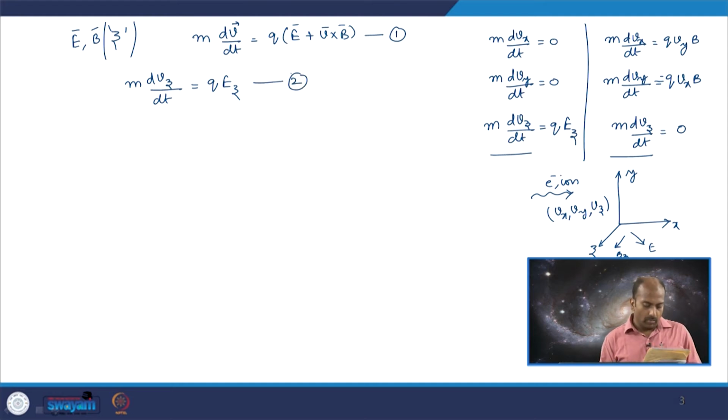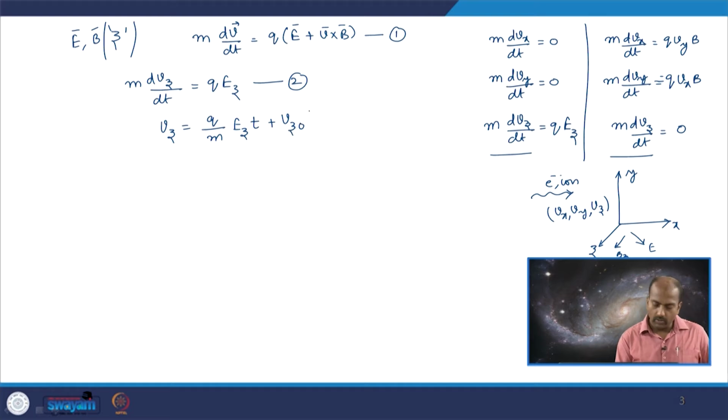This is only the z component. So, what does it suggest? It suggests that acceleration is constant with respect to time. So, we can simply integrate this equation to obtain velocity as a function of time. Vz equals q by m Ez t plus Vz0, which is just a constant.